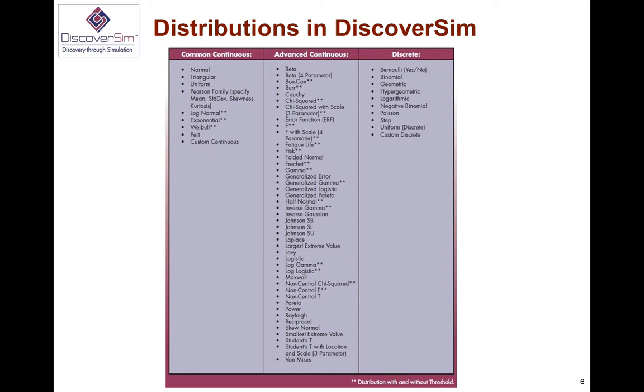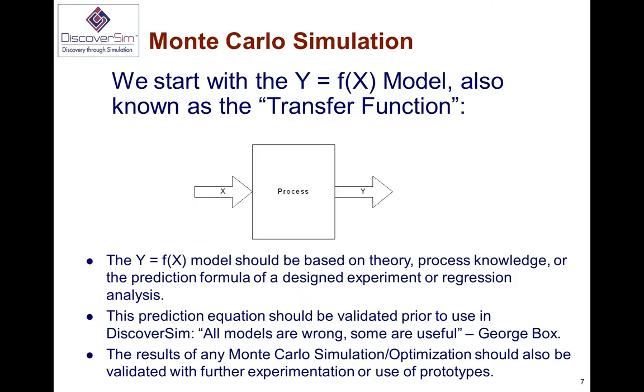Custom continuous is another one that you can use. Then there's a whole bunch of advanced continuous. I won't go through the list. And then we have discrete, and one of the distributions we'll be looking at today is this custom discrete. Okay, so that's our list of distributions.